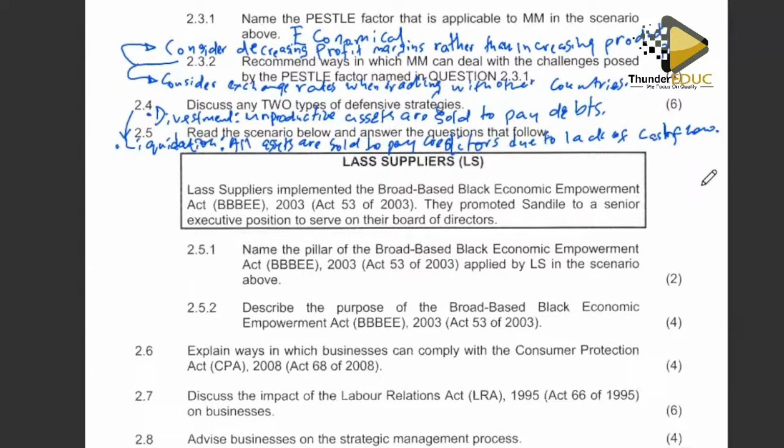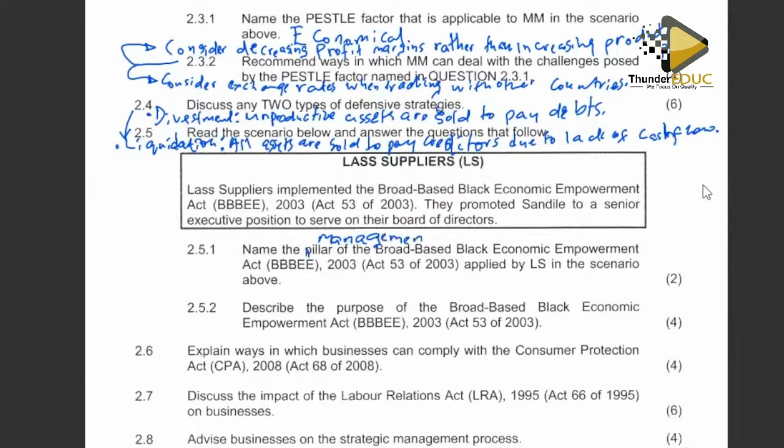They promoted Zandile to a senior executive position to serve on their board of directors. So now 2.5.1 reads as follows. Name the pillar of the Broad-Based Black Economic Empowerment Act 2003 addressed in the scenario above. So this is nothing but management control.